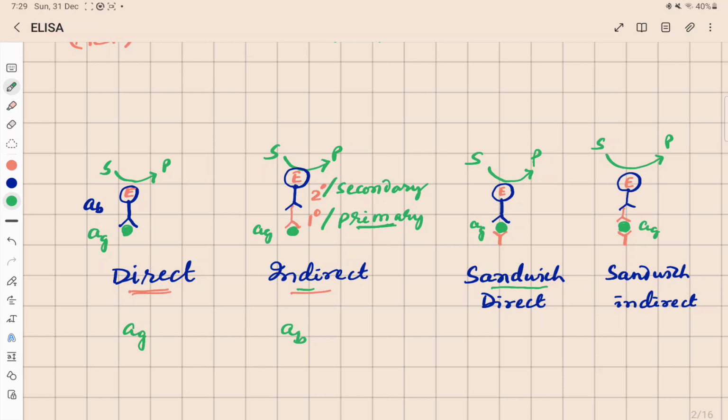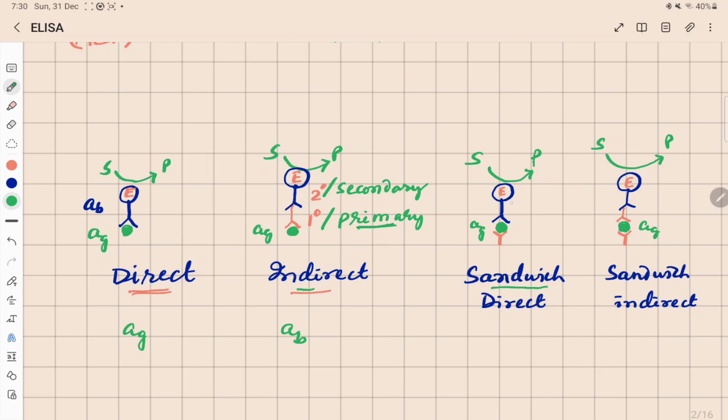And here in this sandwich ELISA, we have this first antibody that we can call the capture antibody, which will be bound to the plate, and then we'll add this antibody conjugated with enzyme.